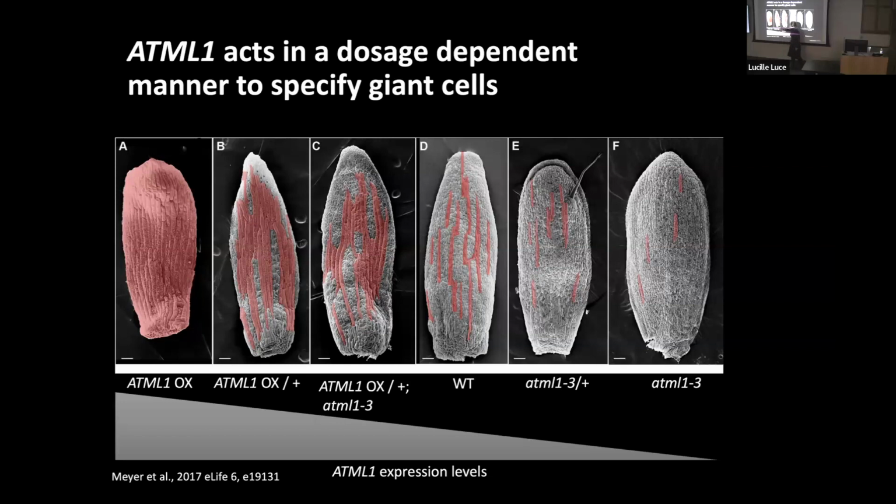If she lowers the dosage, she can get gradients in between. And heterozygous mutants have less ATML1 than wild type, so they've got fewer giant cells, down to next to no giant cells in the mutant. So it's really, really dosage sensitive, and that tells us that levels of ATML1 are really important in specifying giant cells.